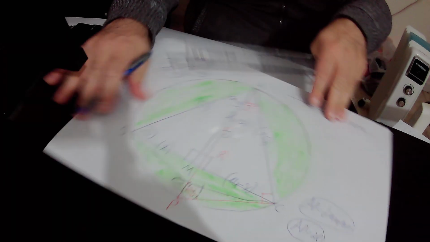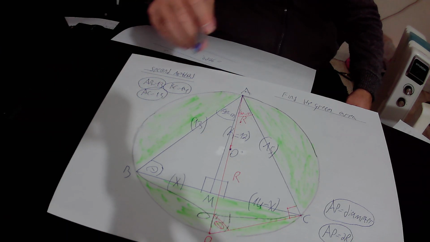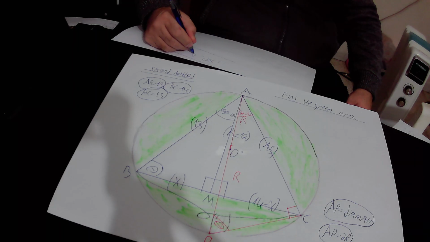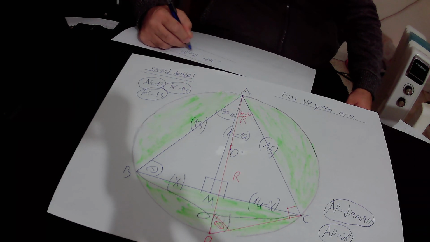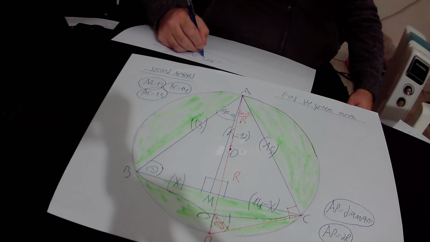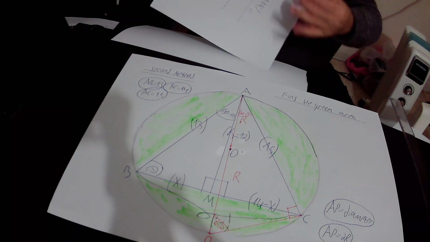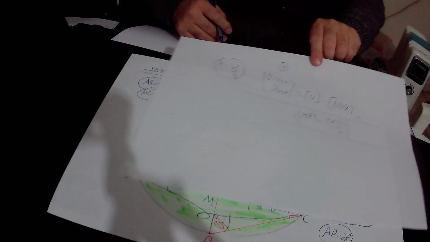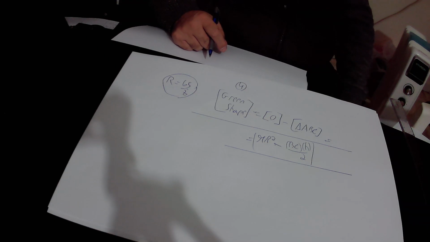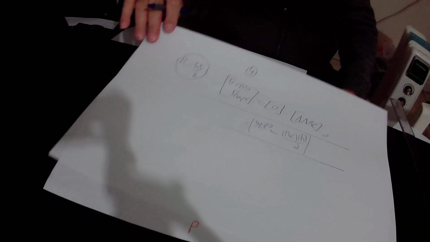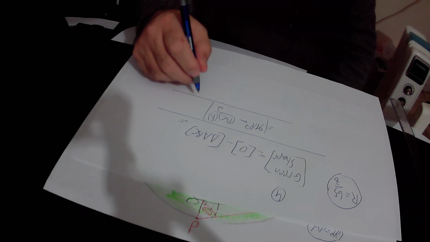From the drawing it is very easy to see that the area of triangle ABC equals the base, that is BC, times the height to the base, that is H, over 2. So the area of the green shape equals pi r squared minus the area of triangle ABC.